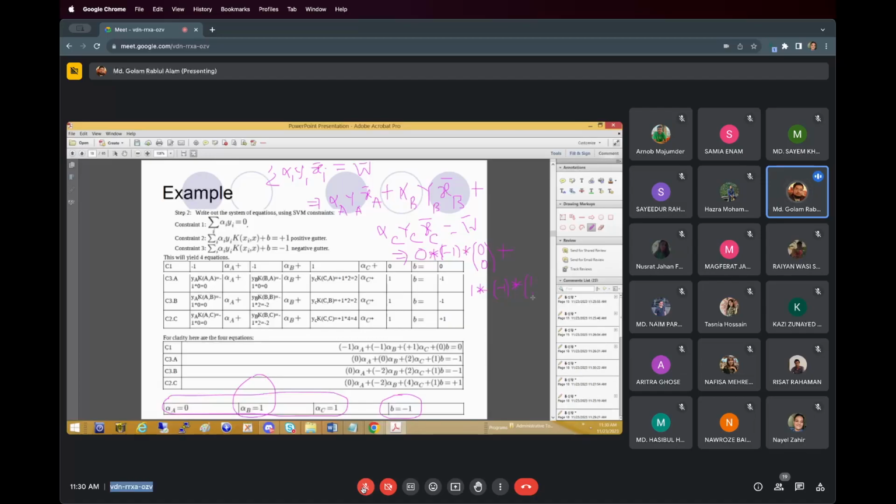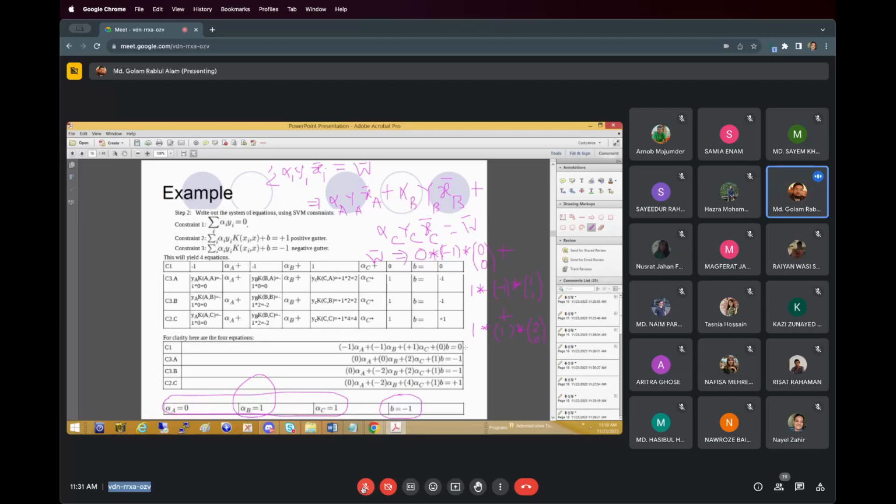Plus alpha C is 1 times the class label of C, which is 1, positive, and the support vector C is 2, 0. This is actually our W.